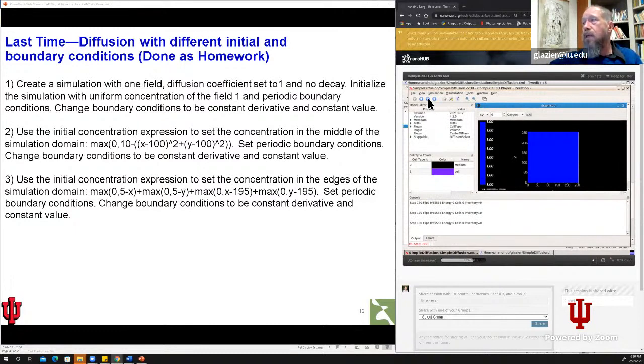Now, suppose that I go in, and I can do this in the model editor here, so I don't have to restart everything. I go into my boundary conditions, and I change this value from 1 to 2. What's going to happen? Somebody.